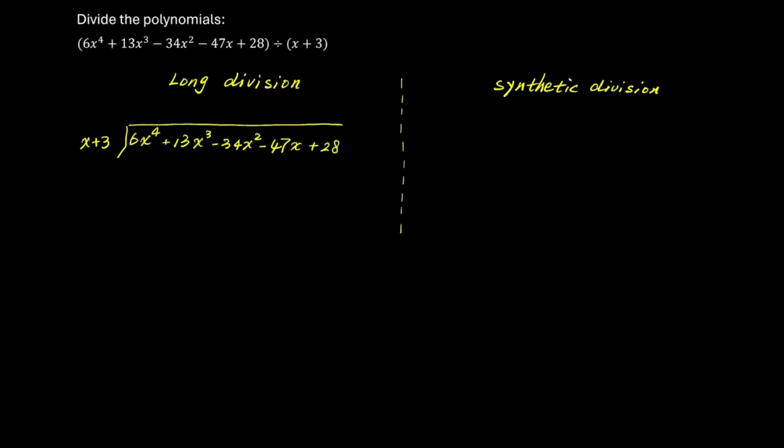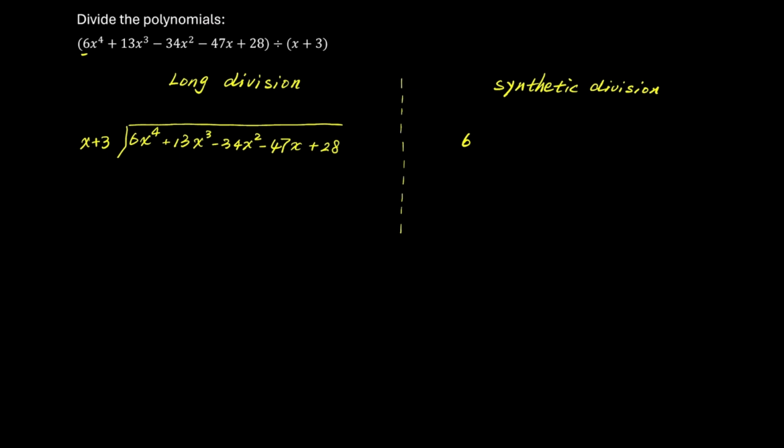Now let's set up the synthetic division. This method is all about efficiency. So instead of writing out the full polynomials, we're just going to draw down the coefficients of each term, including the constant value. The first coefficient is 6.